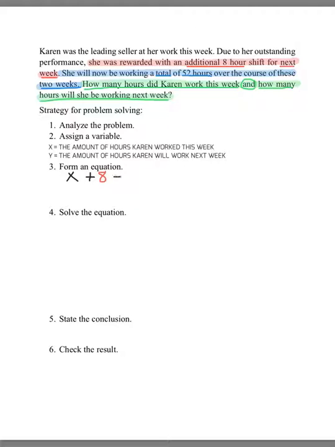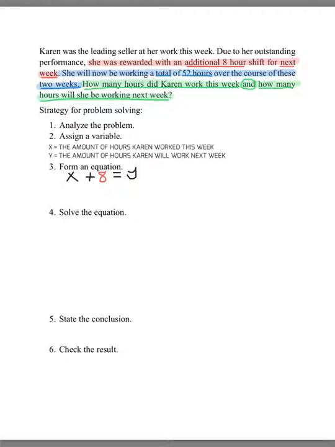And this is going to be equal to our variable y, which is the amount of hours that she will work next week. So that's going to be our first equation, x plus 8 equals y.